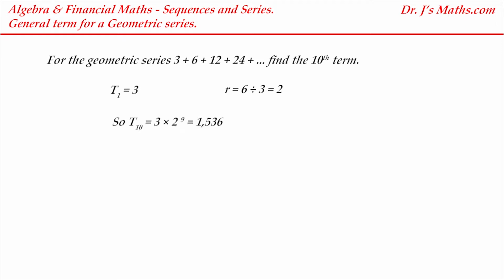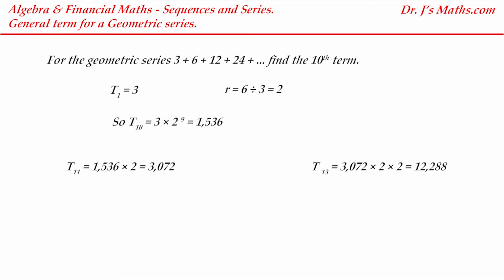So T10, the 10th term, is the first term, 3, times the common ratio, 2, to the 10 minus 1, or 9. Multiply those in your calculator, 1,536. If we wanted the 11th term, then we would take the 10th term and multiply it by the common ratio, 2. That would give us 3,072.